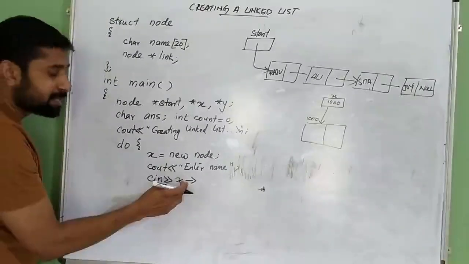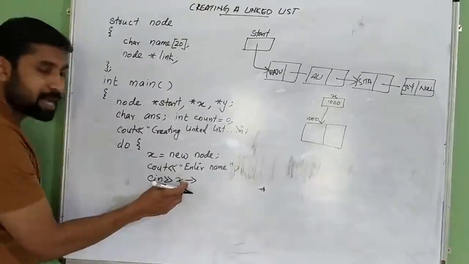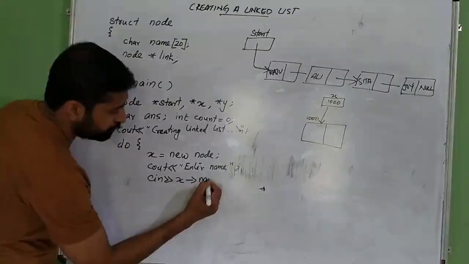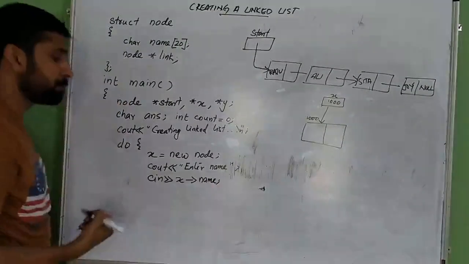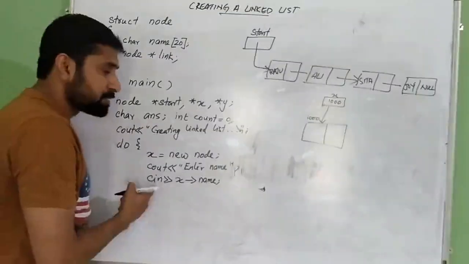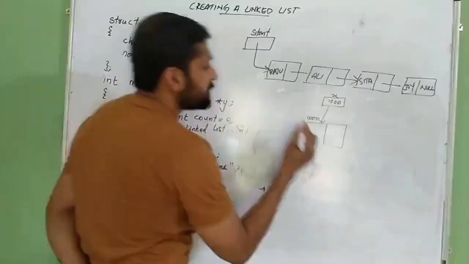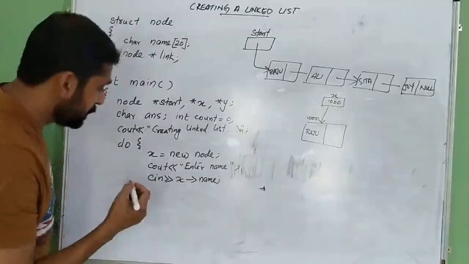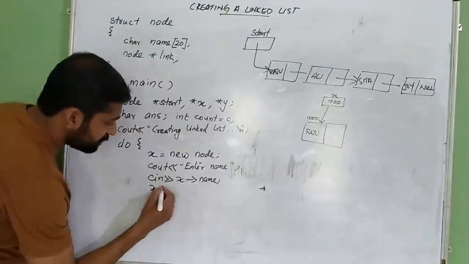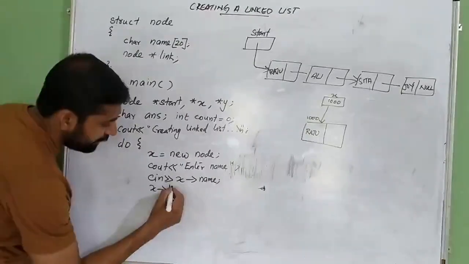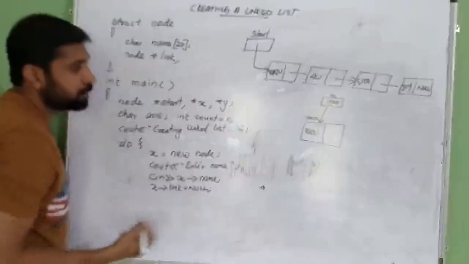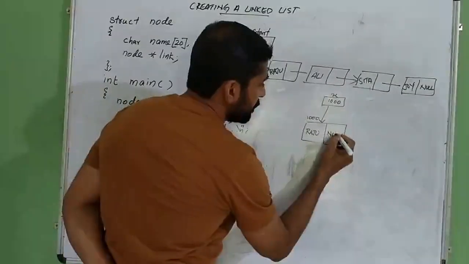For referencing its element, we are using this arrow operator. What happens? The user inputs a name, say Raju. It will be entered here. Then x arrow link equal to null. So this part becomes null.